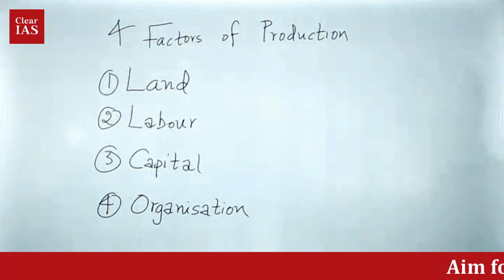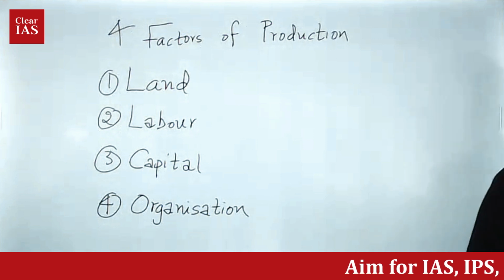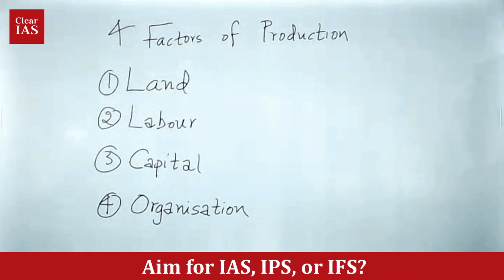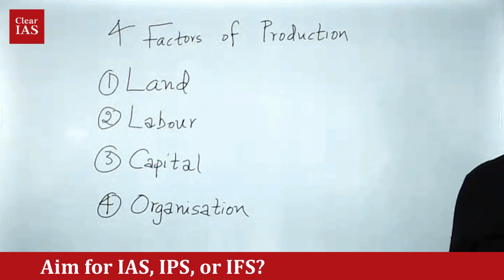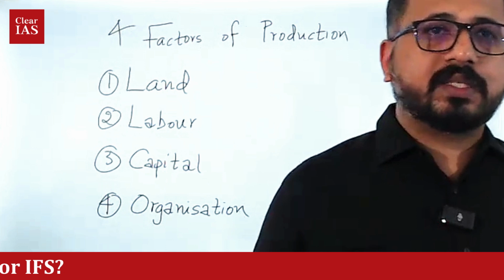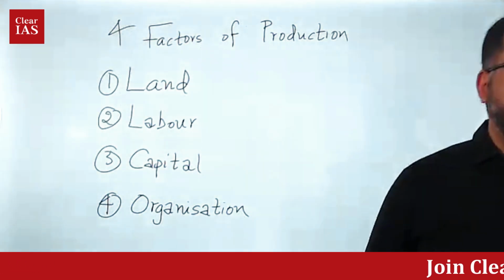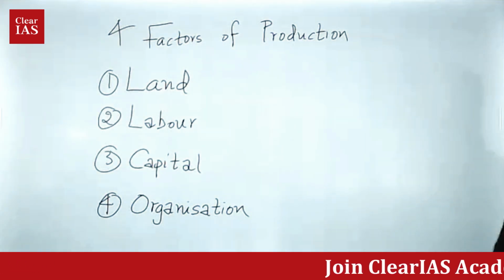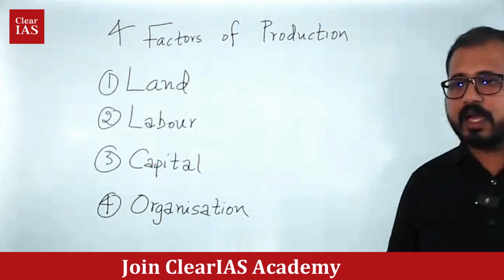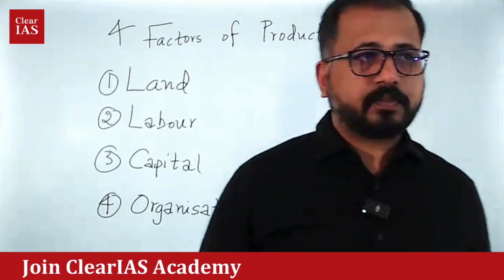So let's take the example of production of rice. Let's say there is a farmer who intends to satisfy the needs of all the villagers where he resides. So he is trying to cultivate rice. What should he need? Suppose he does not have any land.